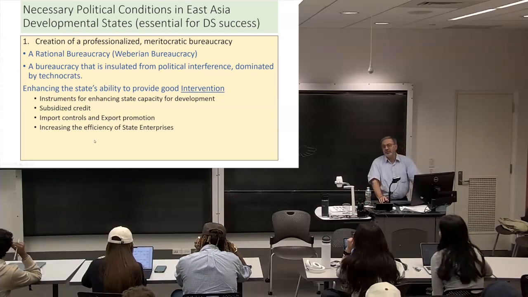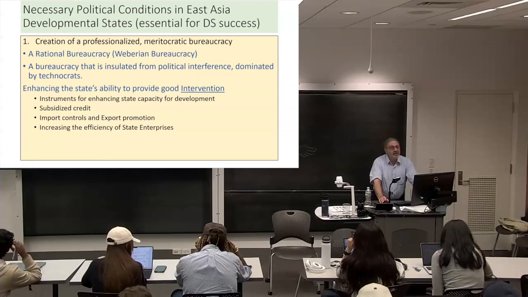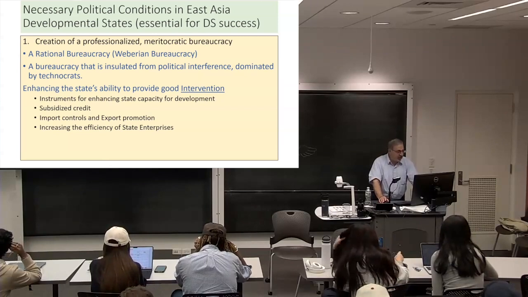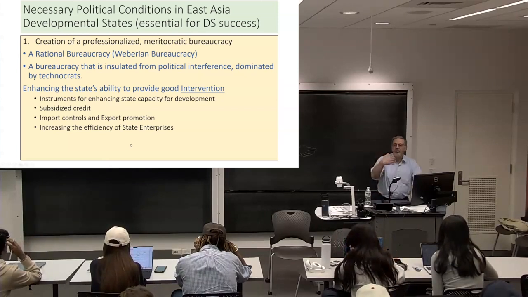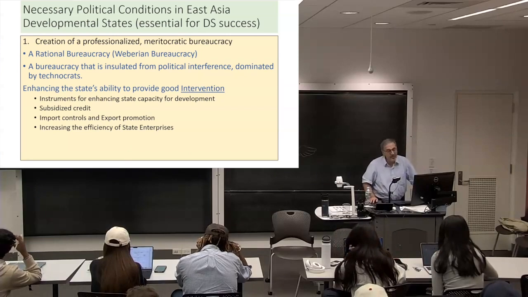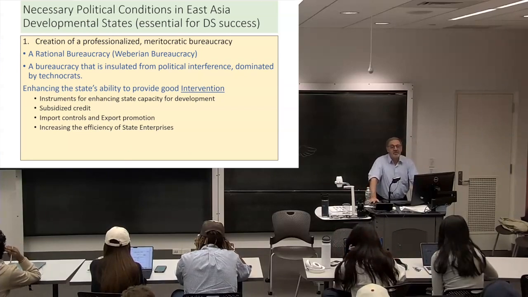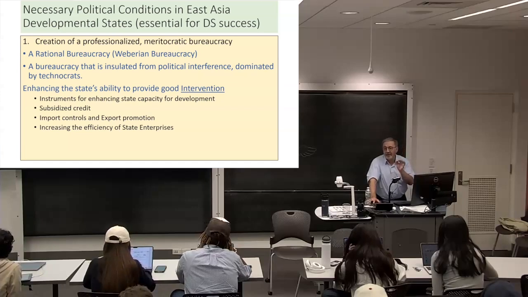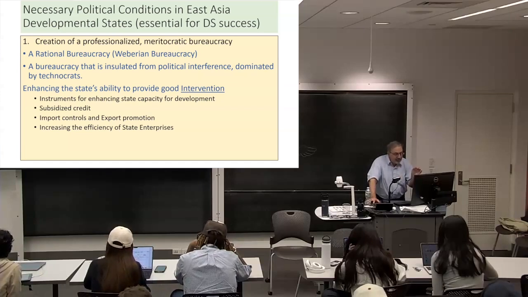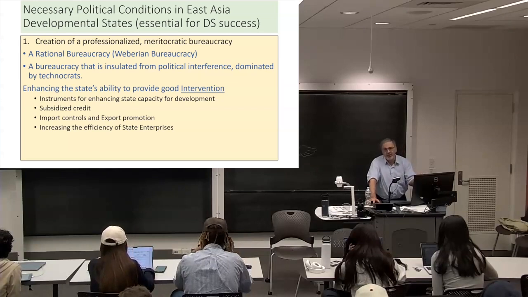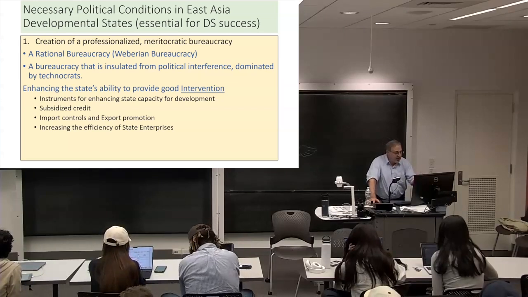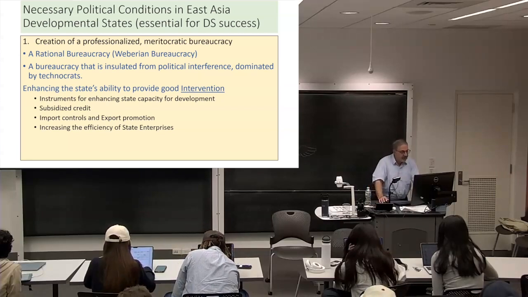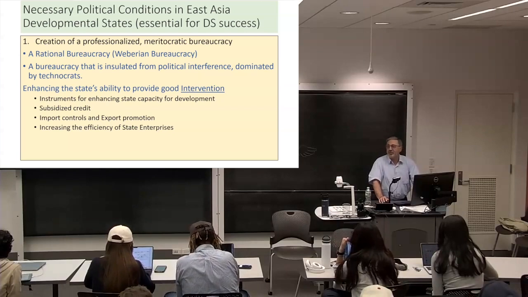Since in many of these countries, in addition to private industry, you also have large public enterprises that are engaged in production, they're in a way part of the government bureaucracy, and it's very important to find mechanisms so that the management of public enterprises are professional and the state enterprises, another name for them is public enterprises, are efficient. They are really able to produce products that can compete.